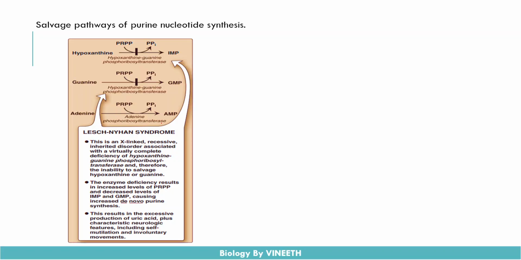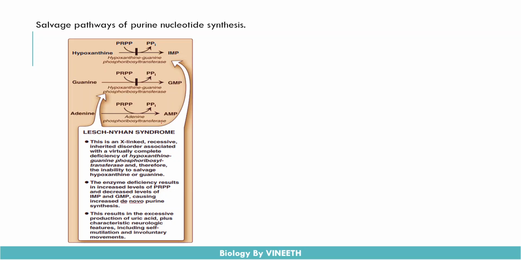In the presence of the HGPRT enzyme, hypoxanthine guanine phosphoribosyl transferase, hypoxanthine gets converted into IMP. It gains a ribose sugar and converts into IMP, and this IMP again converts into GMP and AMP in the presence of different enzymes.